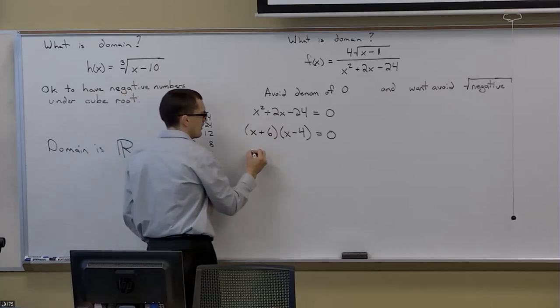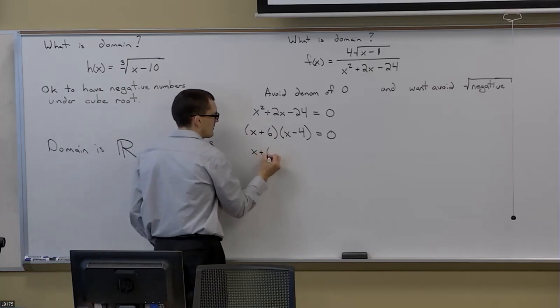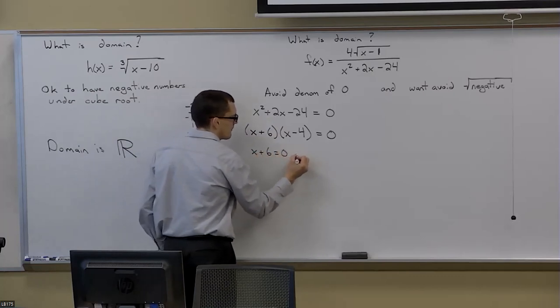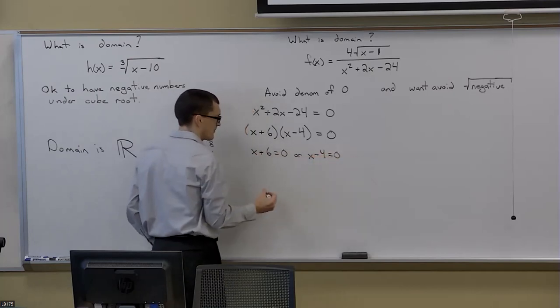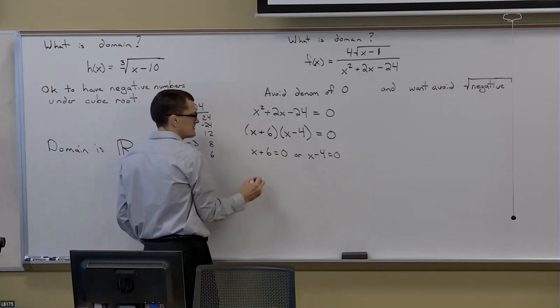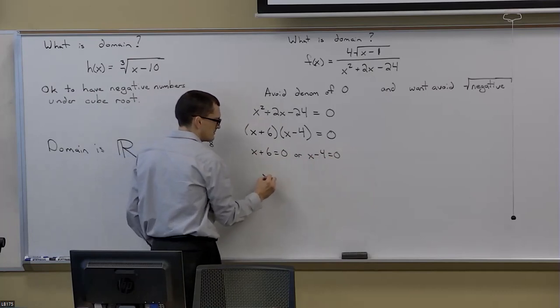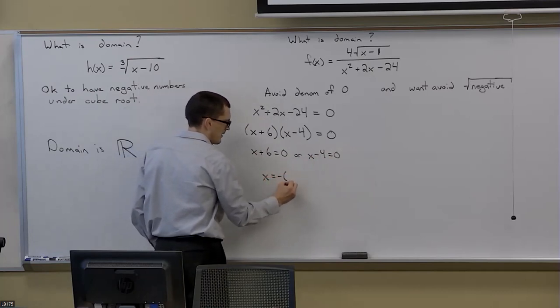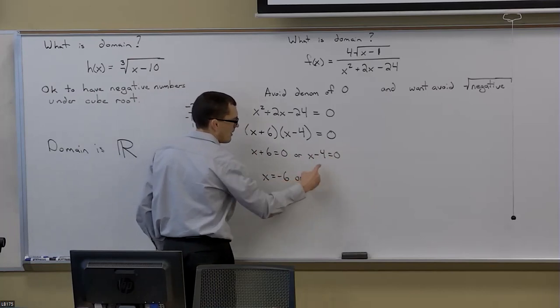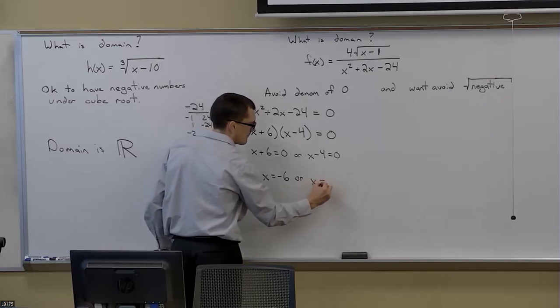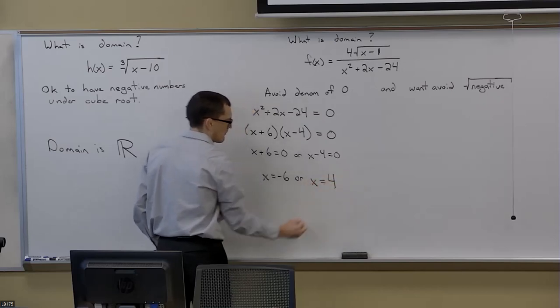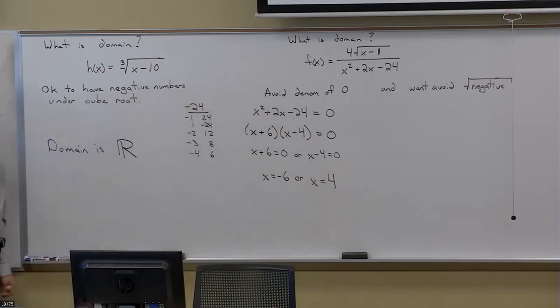And then we say, well, that means either x plus 6 is 0, or x minus 4 is 0. If I subtract 6 from both sides, and then I add 4 to both sides over here, I end up getting 2 spots that I want to avoid.